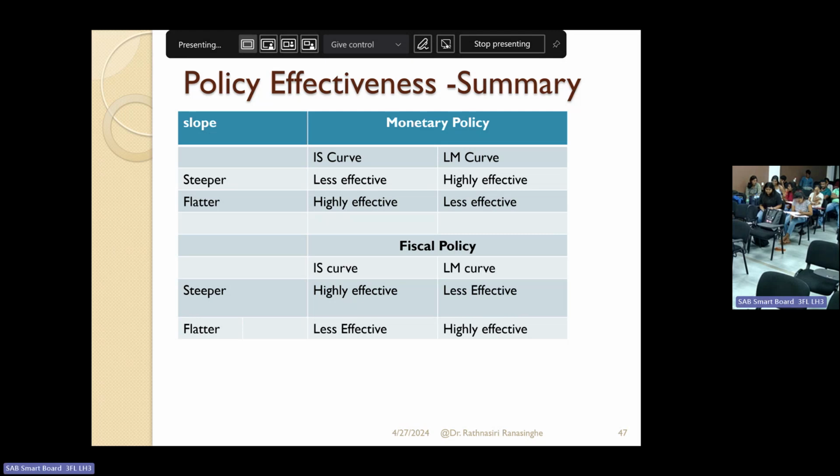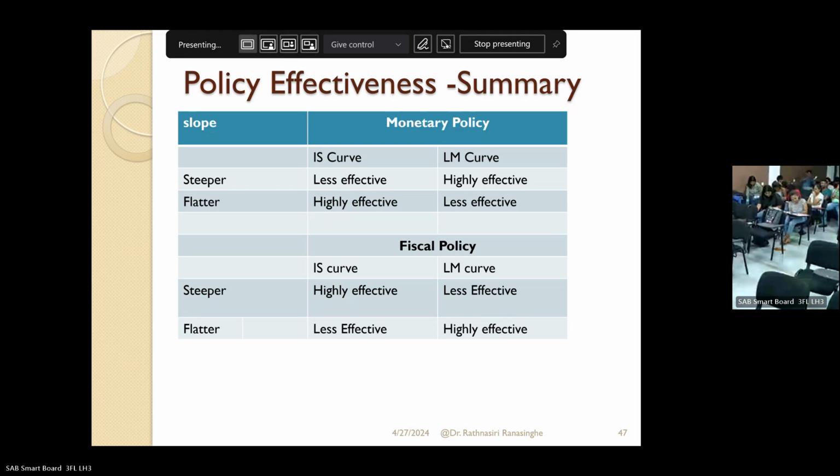The slope of the IS curve depends on I1, so I1 can be low or I1 can be high.